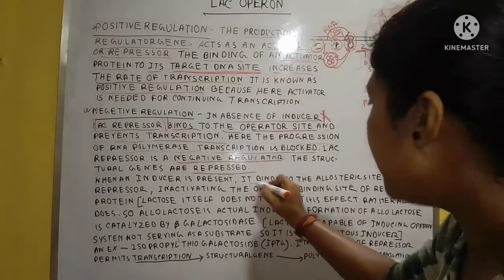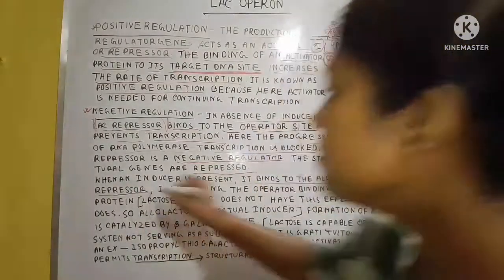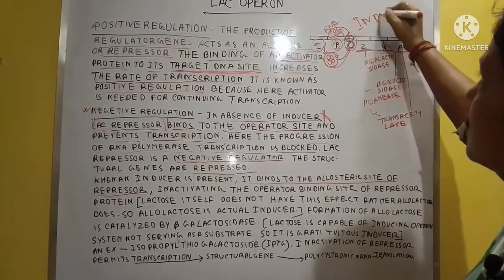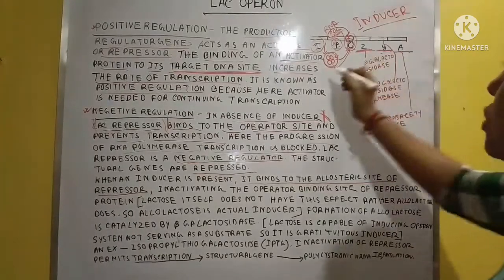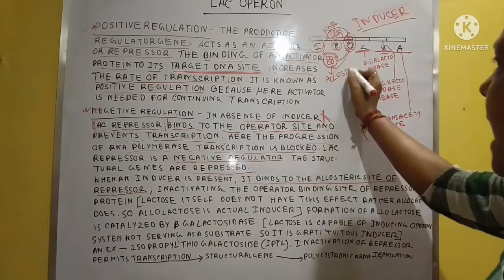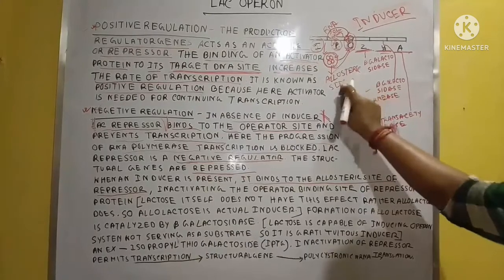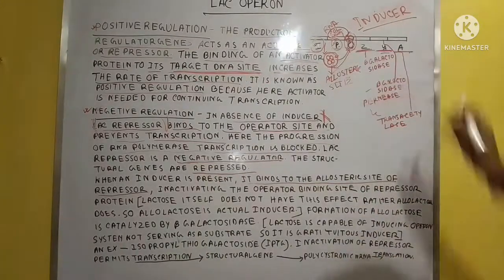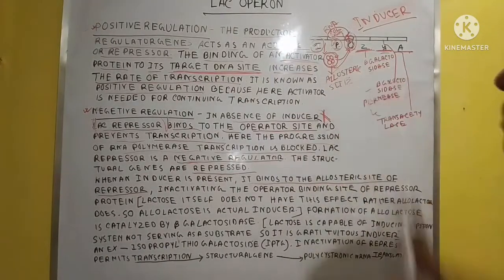So it binds to the allosteric site of the repressor. Where does it bind? The allosteric site of the repressor protein. The inducer binds with the allosteric site of the repressor protein.